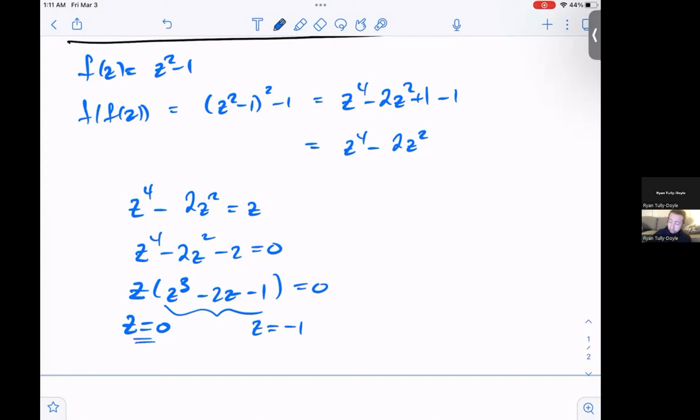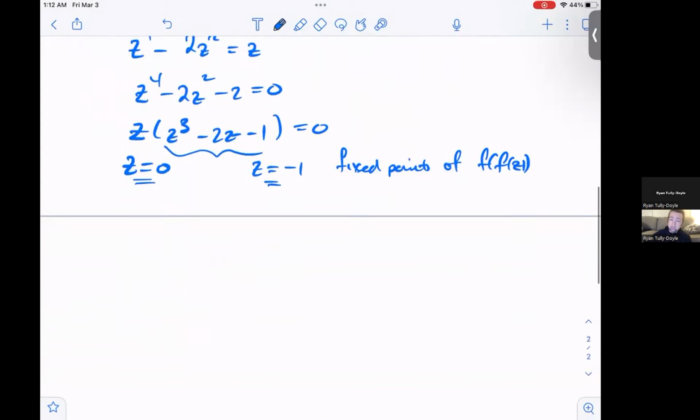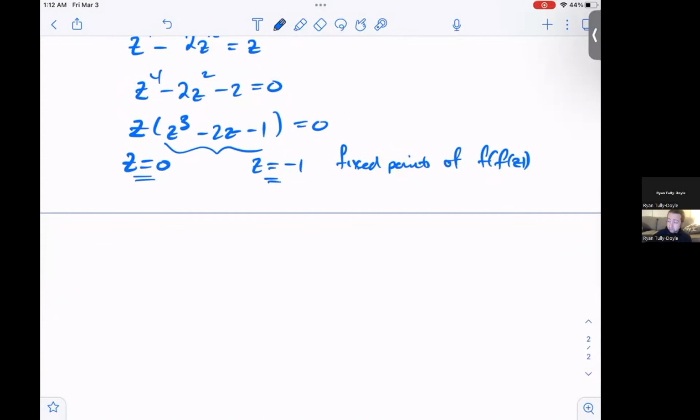So z equals 0 and z equals minus 1 are fixed points of f of f of z. And that corresponds to being period 2 periodic points for the original f. So if you're fixed points for f of f of z, then you are period 2 periodic points for f of z.